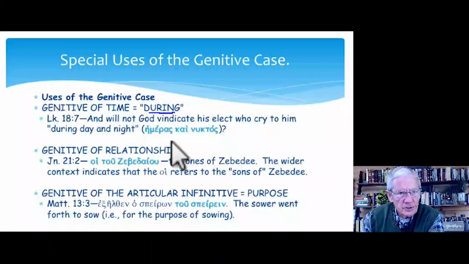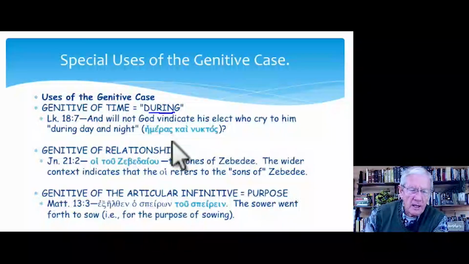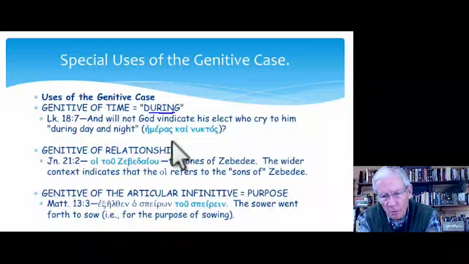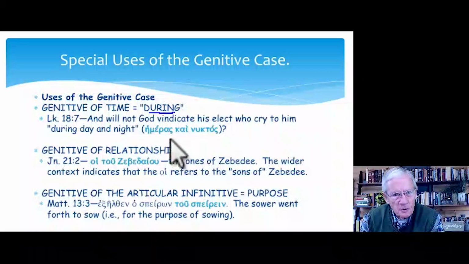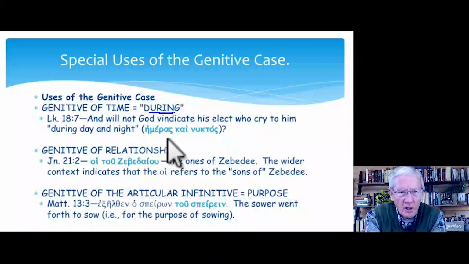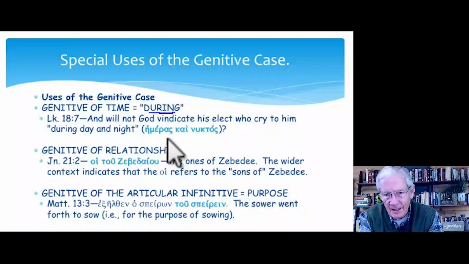In Luke 18:7, at the tail end of the parable of the widow and the nasty judge, "Will not God vindicate his elect who cry to him?" And then we see hemeras kai nuktos. Both of those are singular genitive forms, during day and night, meaning all the time.